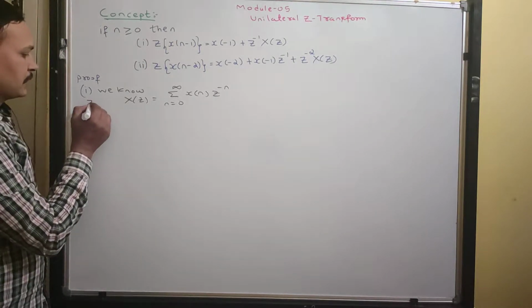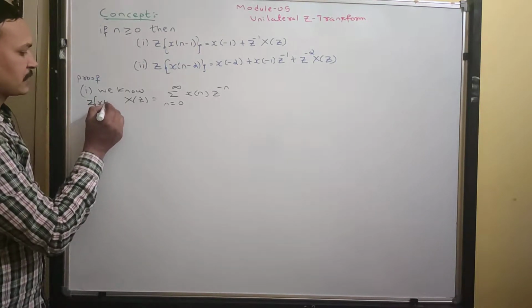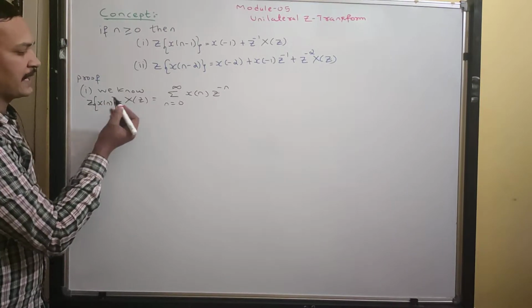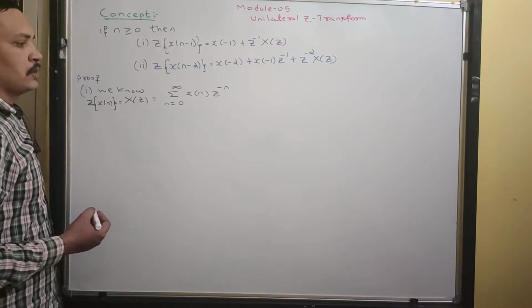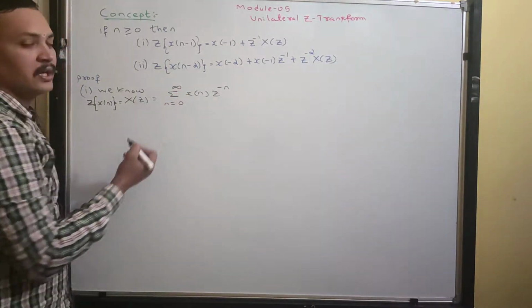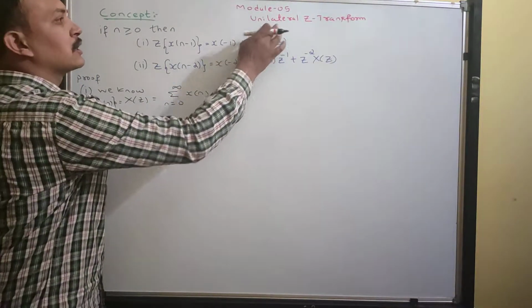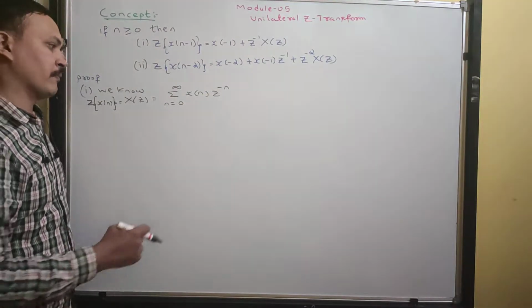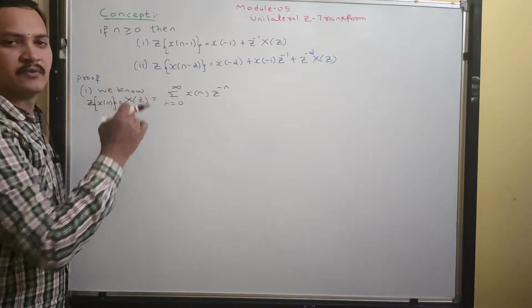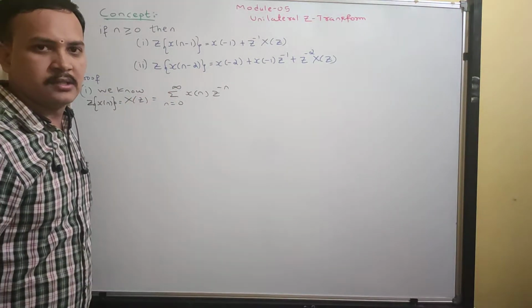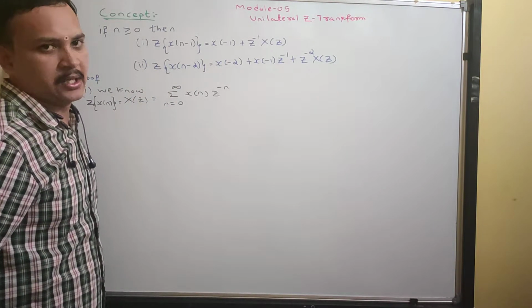So the Z transformation of x of n will be X of z. Why have I taken 0 to infinity? Because it is the unilateral, one-sided Z transform. From minus infinity to plus infinity, it is the two-sided Z transform, that is the bilateral Z transform.